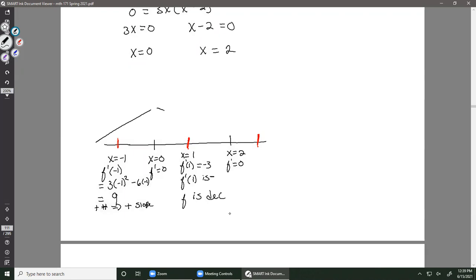So it is decreasing everywhere from 0 to 2. And so what that tells me is at 0, my graph went from increasing to decreasing. So we had a little maximum here.